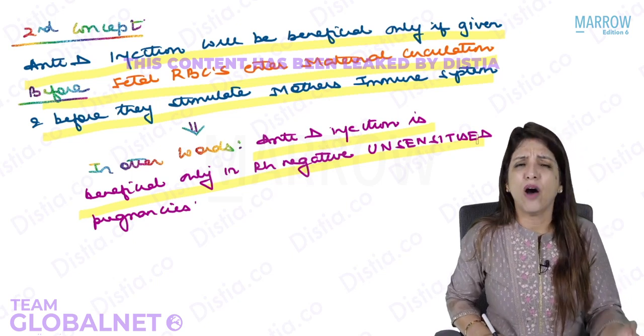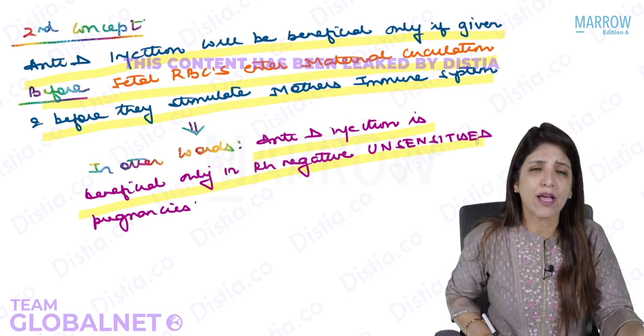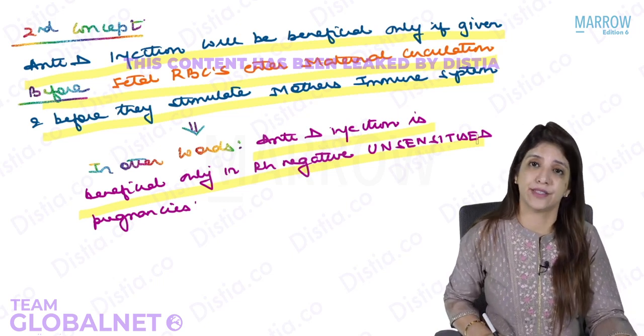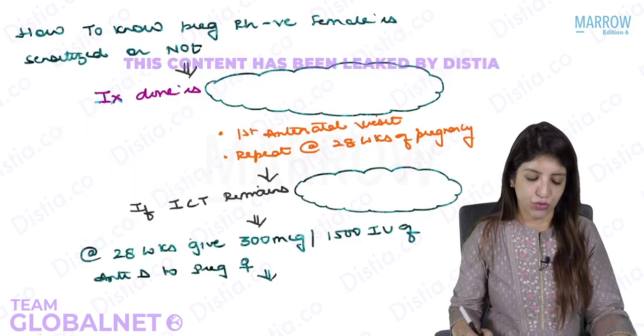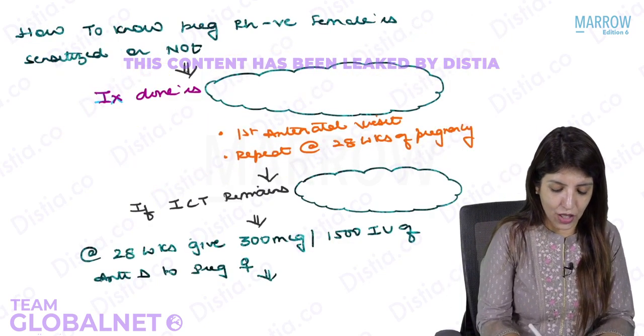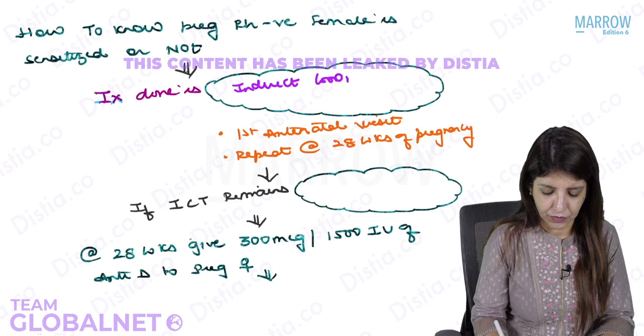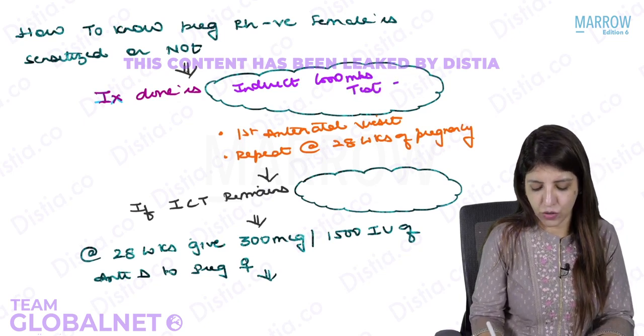So then, how am I going to know whether my patient is already sensitized or unsensitized? This you can come to know by doing an investigation called the indirect Coombs test.